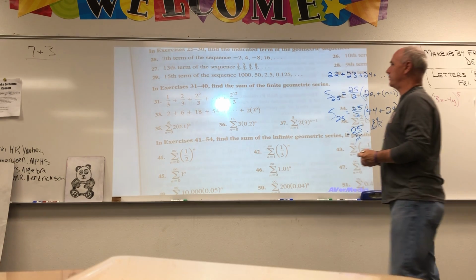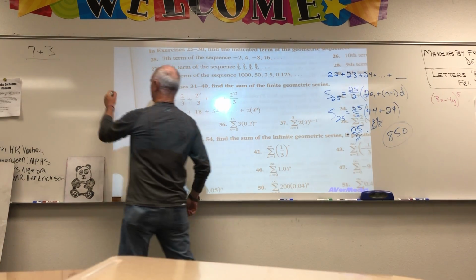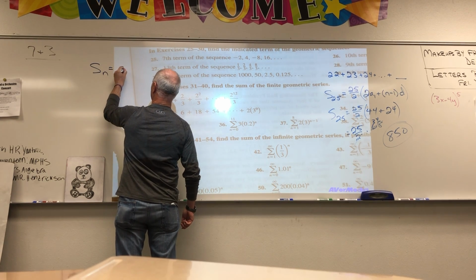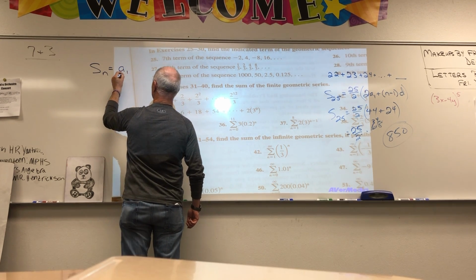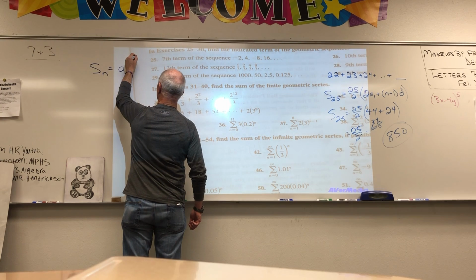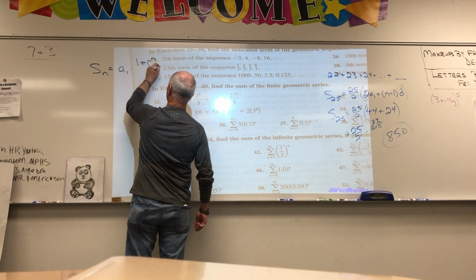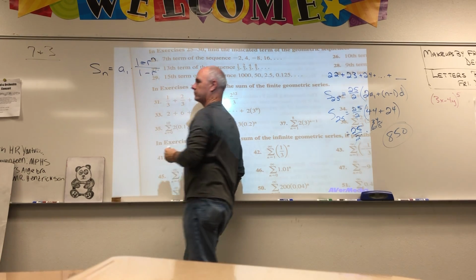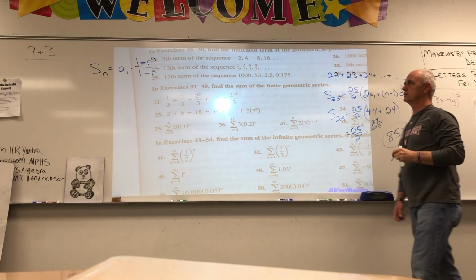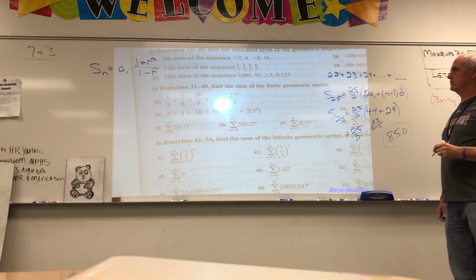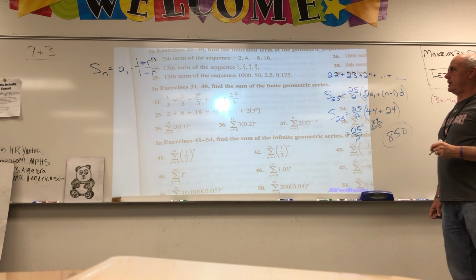The sum of the finite geometric series. So S sub n equals a sub 1 times 1 minus r to the n over 1 minus r, right? Okay, so we need n and r and a sub 1.